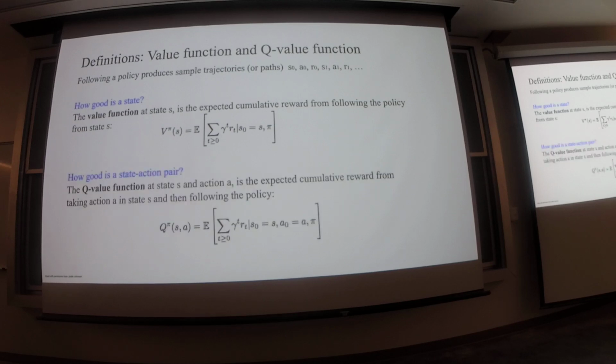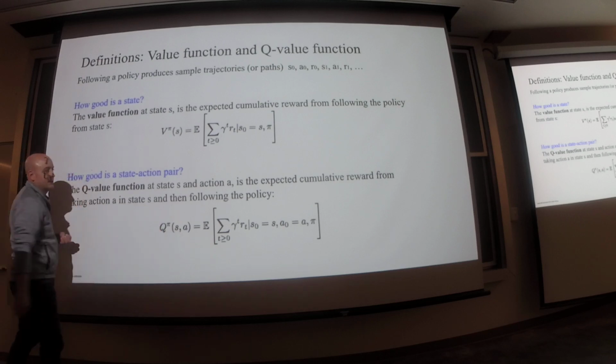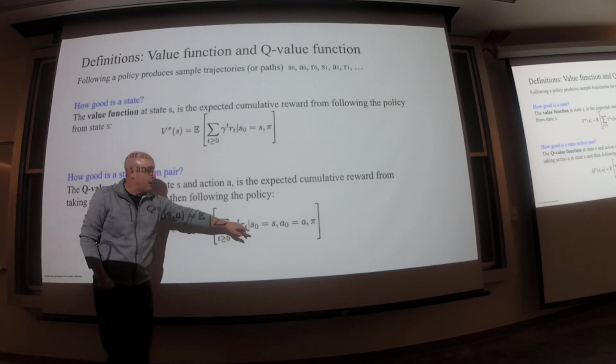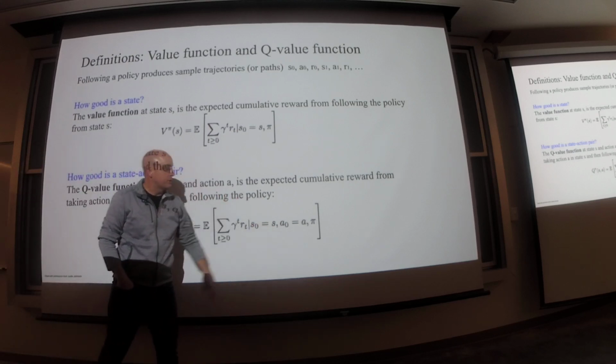And then we might ask a similar question, which is, how good is a state and action pair? So this is called the Q value function, or just the Q function often. And again, it's a function of both the state and an action. It's really similar to what we had before. It's just we now say that action is the initial action.